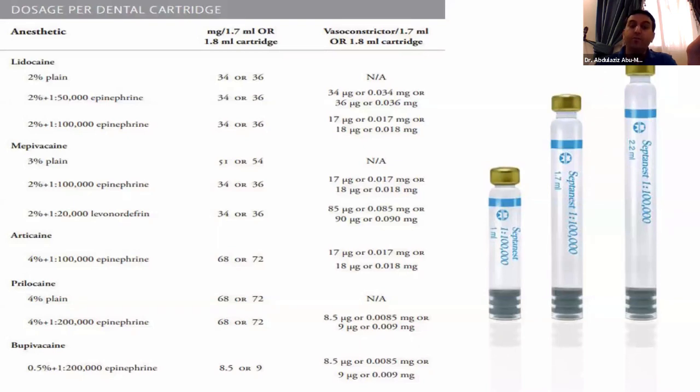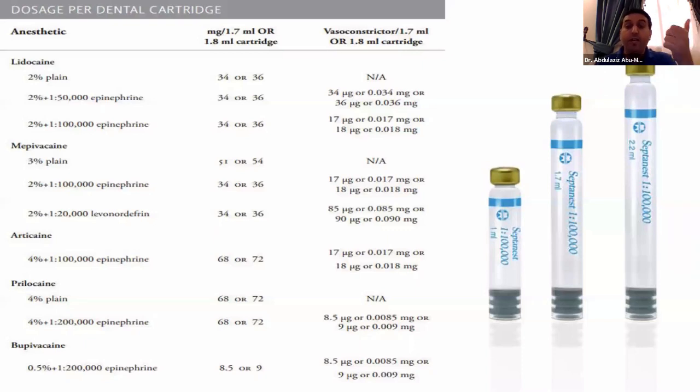It equals 36 milligram. The 1 to 1,000 epinephrine equals 0.0118 milligram. So how many can I use to reach the number that I want, which is 0.04? It's 2 carpules, which equal 0.036. That's the maximum, so you can use 2 carpules.